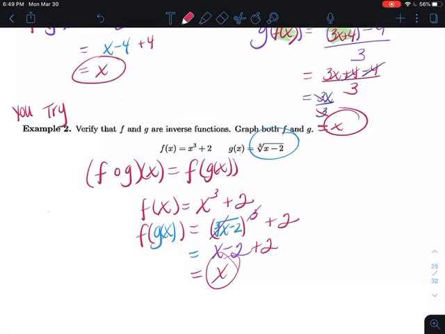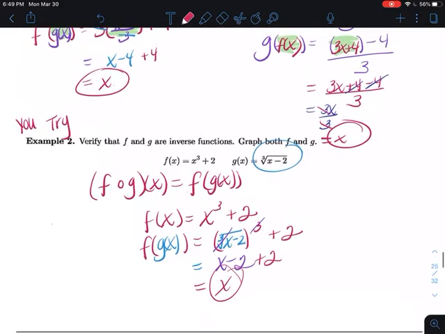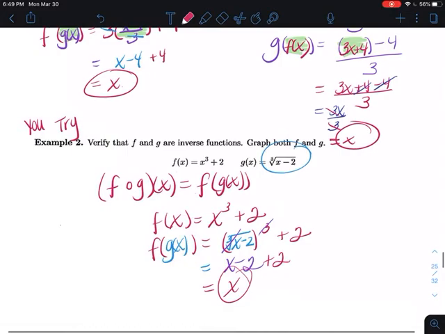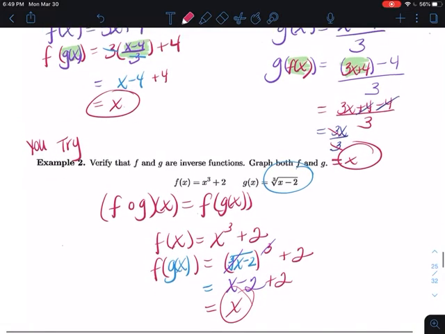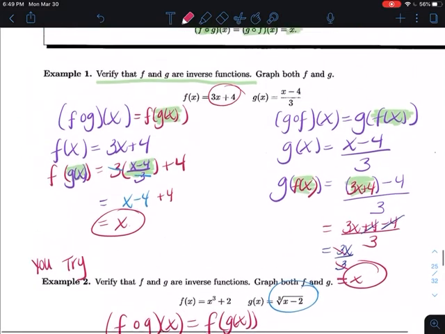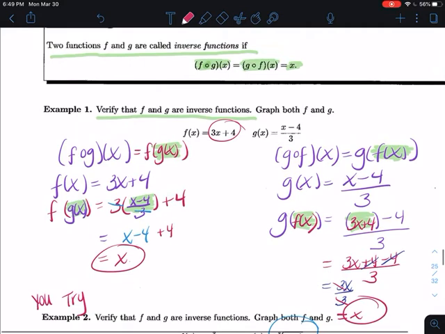Why does that happen? What does this mean? If you notice, we didn't do the part where it says graph both f and g. So I'm going to go back to the previous example, and in Desmos, graph both functions. The first one is 3x plus 4.